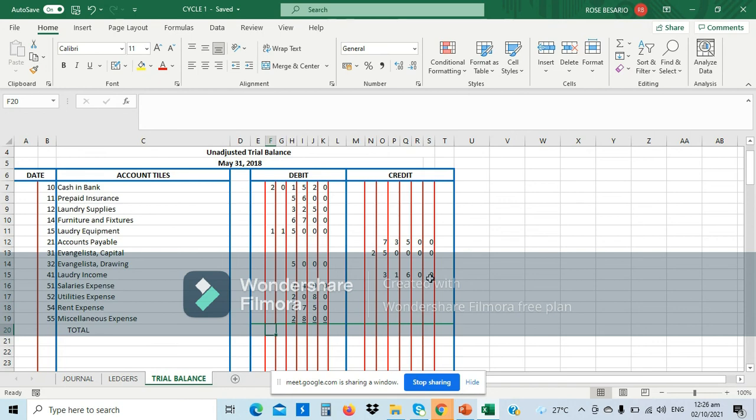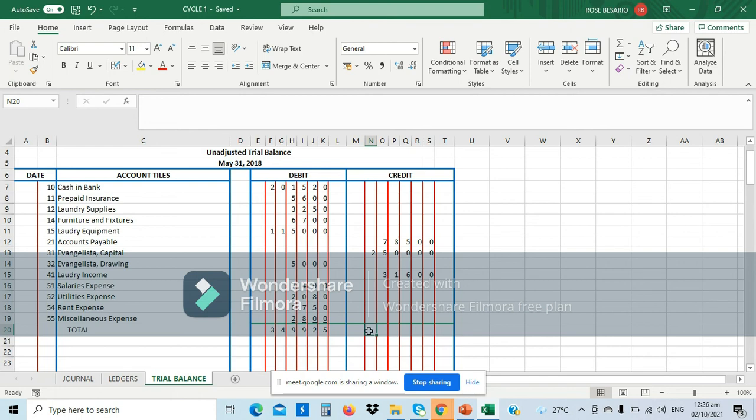So we have an amount of 349,925? Crossing fingers, we'll get the same amount. We'll try our credit column, 73,500 plus 250,000. We don't have the same amount.